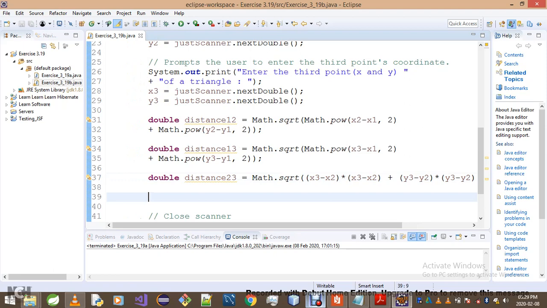So once we do that, what else do we do? We go to the part where we actually determine whether or not our input is valid.